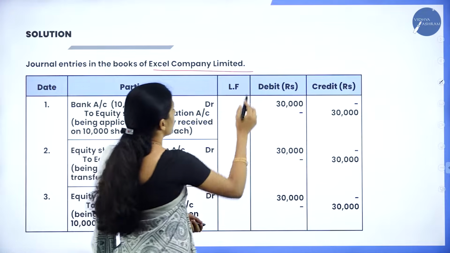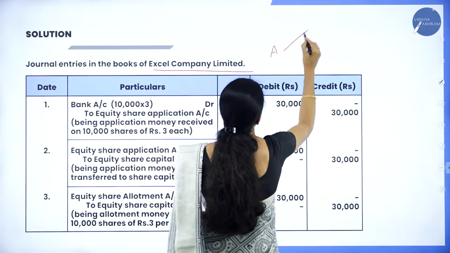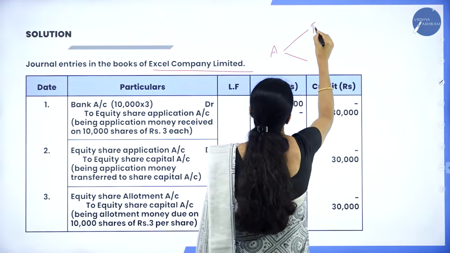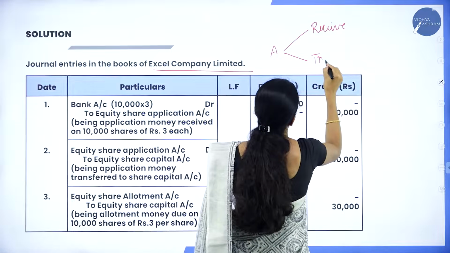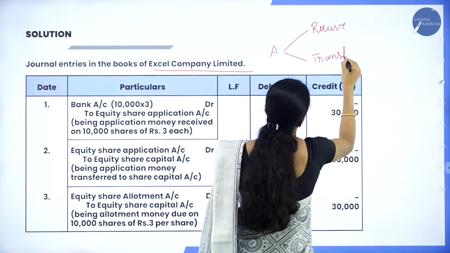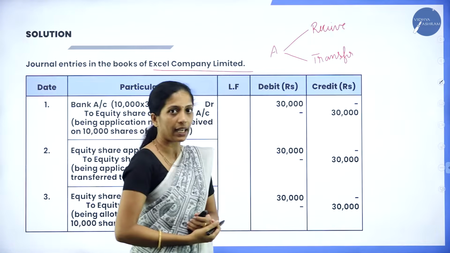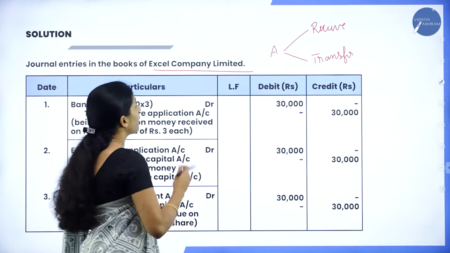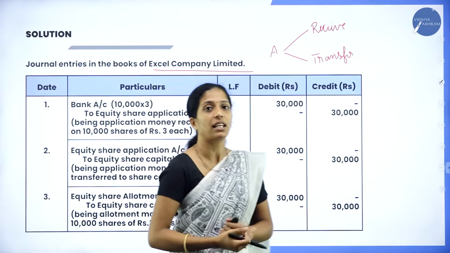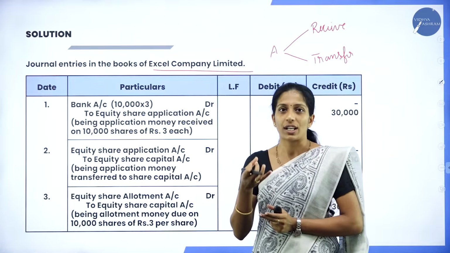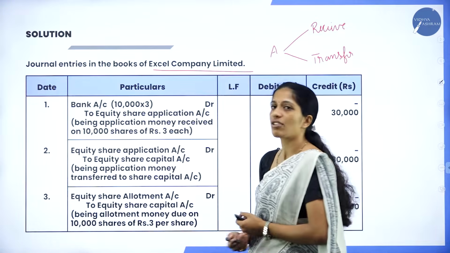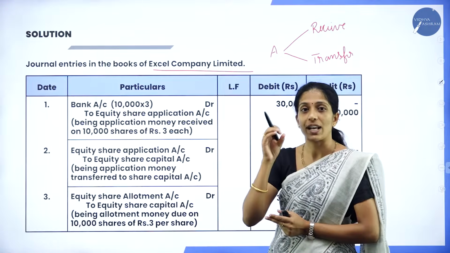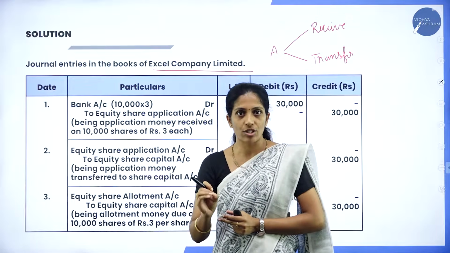So in the application stage, as I told you, you have 2 entries. One is to receive and the next one is to transfer the application money into the share capital account. So what is the first entry? When we receive the application money, what comes to you? Amount, right? So you will write it as bank account debit to equity share application account, because we are recording the entry in the application stage.